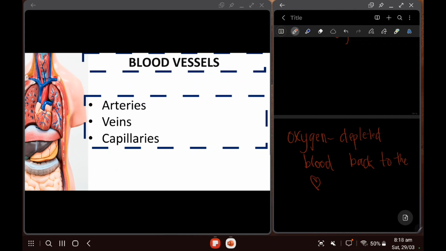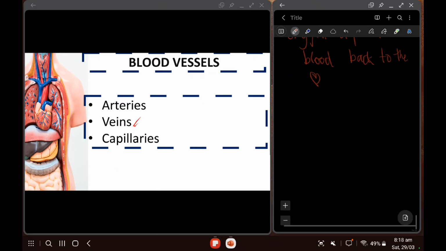So, unlike ni arteries, si veins is meron lang po siyang thinner wall, manipis lang siya, and may mga valve siya. Yung valves na yon na nandito kay veins is nagpe-prevent ng backward flow of the blood para hindi bumabalik. So, si veins lang po ang may valves.